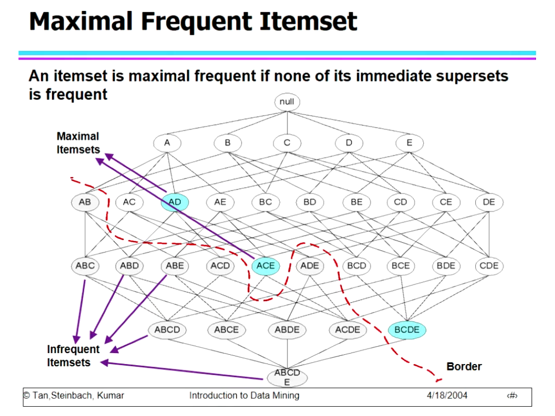So why is AD a maximal frequent item set in this example? So what are the supersets of AD?